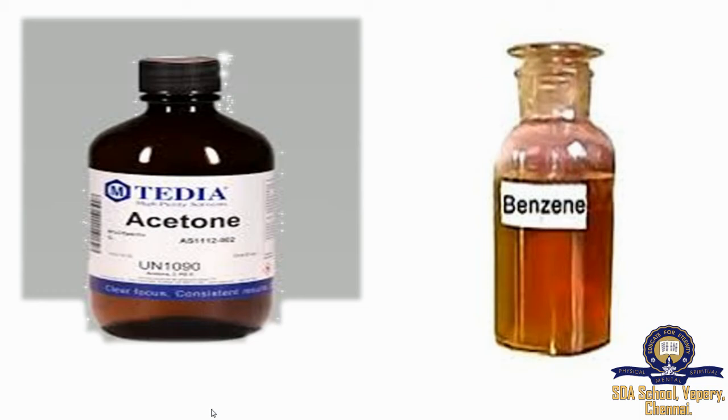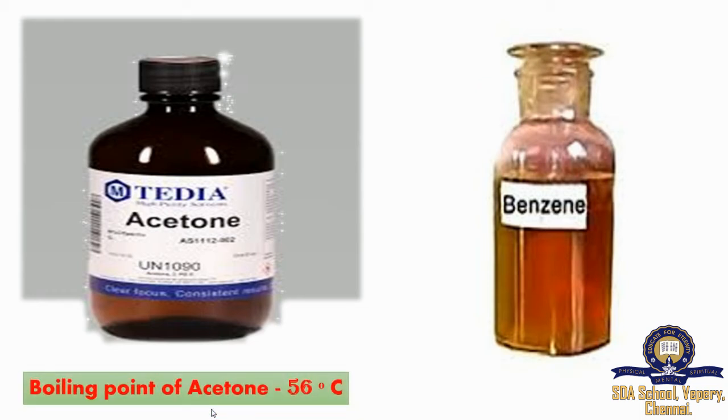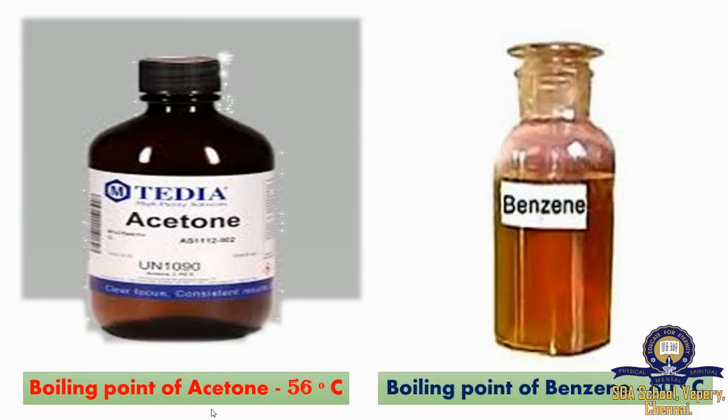When we take the boiling point of acetone, it is 56 degrees Celsius, and the boiling point of benzene is 80 degrees Celsius. The difference between these two, benzene and acetone, would be 24 Kelvin. Thus, we use an advanced method of simple distillation, which is the fractional distillation method.